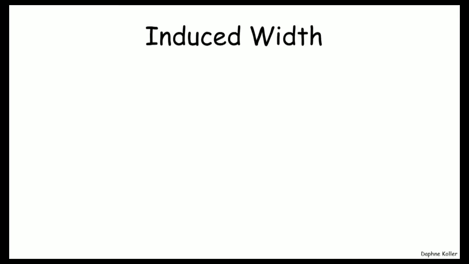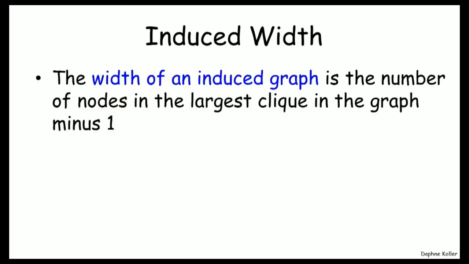So now that we've constructed a graphical view of variable elimination, we can go ahead and construct a measure of the complexity of variable elimination. And that is a measure known as the induced width. So first, we define the width of an induced graph as the number of nodes in the largest clique in the graph, by convention minus 1. Why minus 1? No good reason, but that's the definition of induced width.